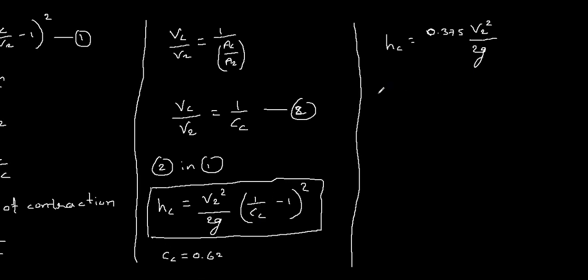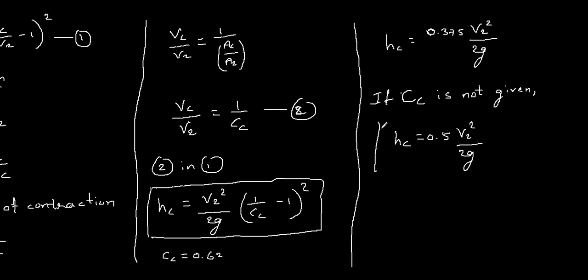And similarly, if in the problem the Cc value is not given, then we have to consider the formula as Hc is equal to 0.5 V2 square by 2g. If the Cc value is mentioned as 0.62, we can directly take the formula 0.375 V2 square by 2g. If the Cc value is not given, then we take 0.5 V2 square by 2g.